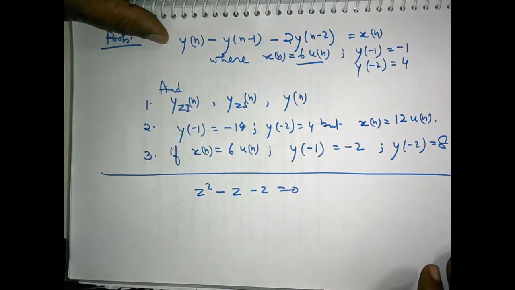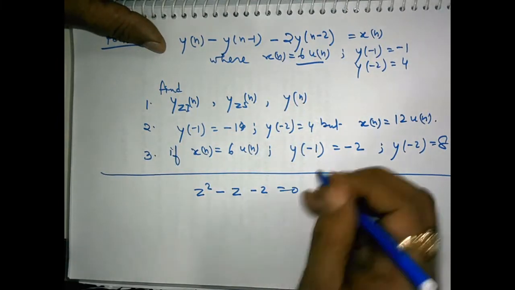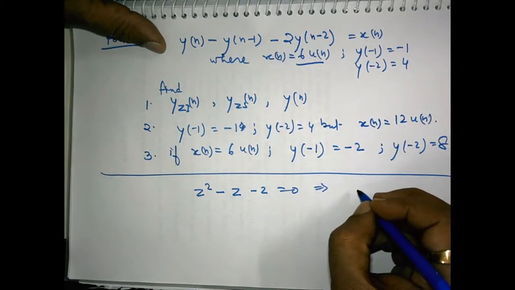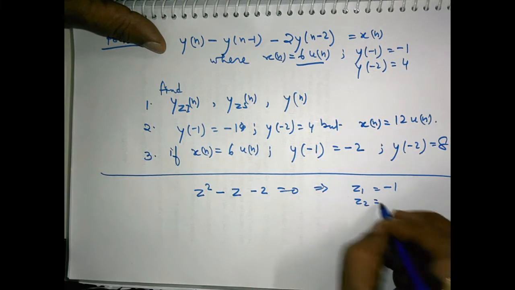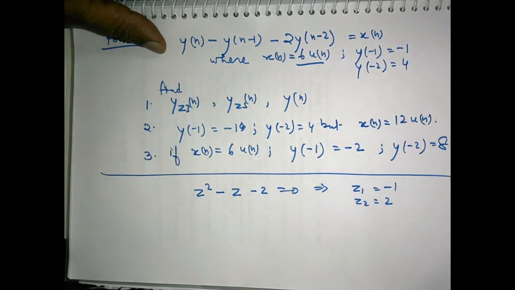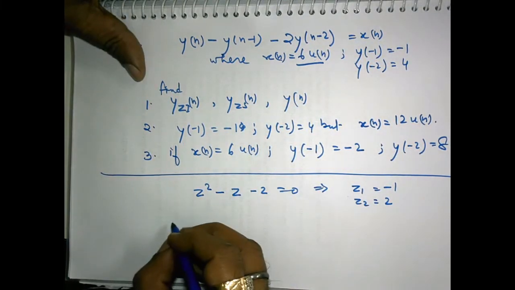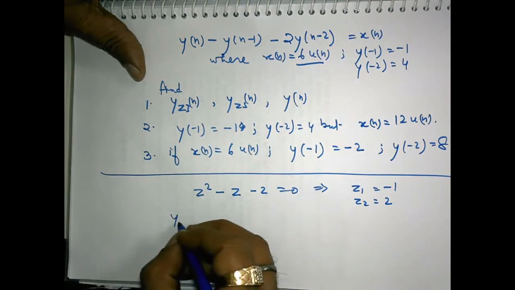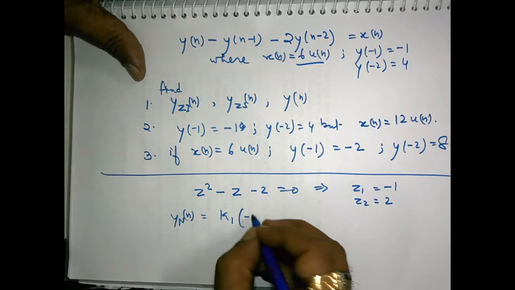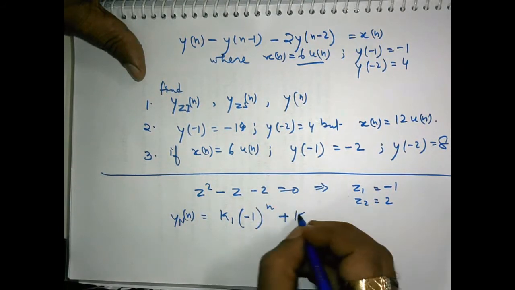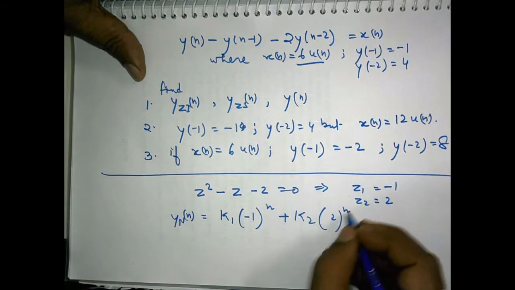If you quickly evaluate the roots, it will have 2 roots, z1 = -1 and z2 = 2. So the natural response y_nn will be equal to k1(-1)^n + k2(2)^n.